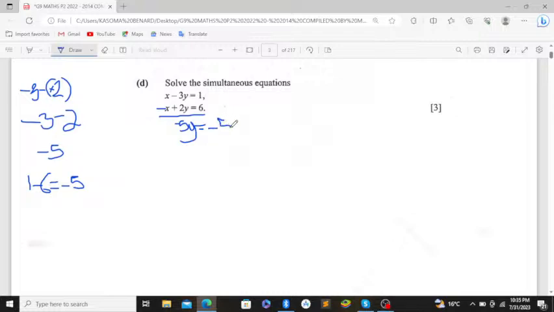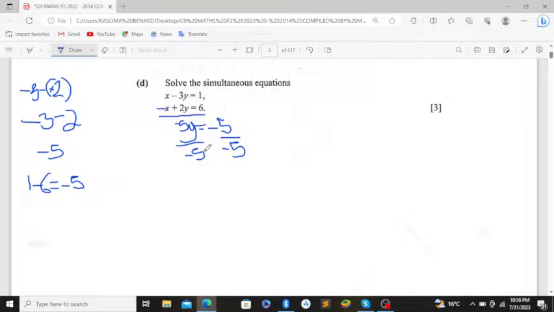Okay, negative 5. Now remember, we want to find the value of y, so we're going to divide both sides by negative 5. We want to remain with y on one side of the equal sign, so even here we'll divide by negative 5.